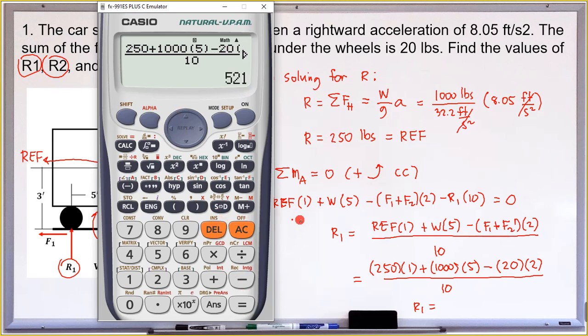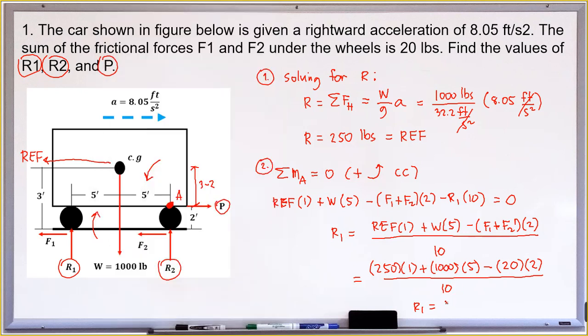Okay, so the answer is 521. So 521 pounds. This is for R1. Now to solve for R2, so proceed ta sa next nga slide.